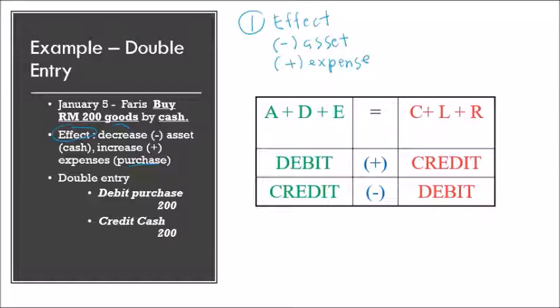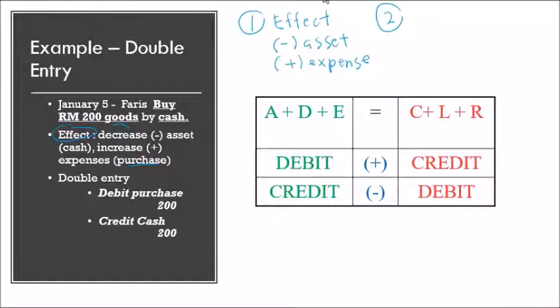So it's an expense. Okay. After you've noticed which account is decreasing and which account is increasing, next you have to identify the terms. You can't record it as asset. You have to record it as the term that is being used.